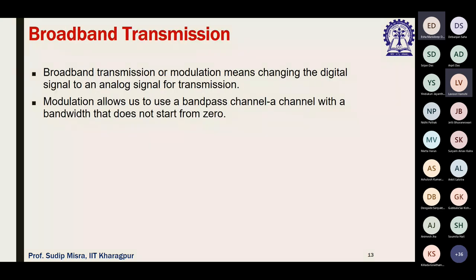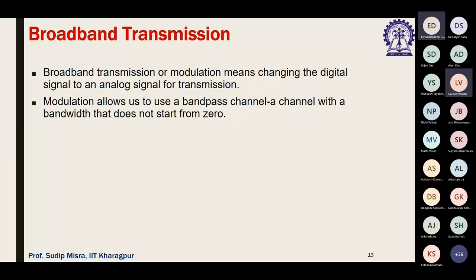So we need to have broadband transmission. Broadband transmission, or modulation, basically means that you need to change the digital signal to an analog signal for transmission. Modulation allows us to use a bandpass channel, which I already told you is a channel with a bandwidth that does not start from 0. In a low pass channel, the bandwidth starts from 0, so the frequencies go from 0 to f.